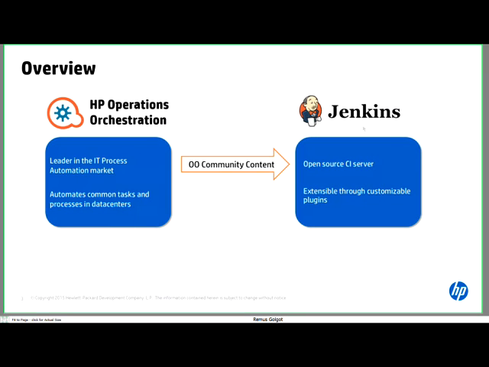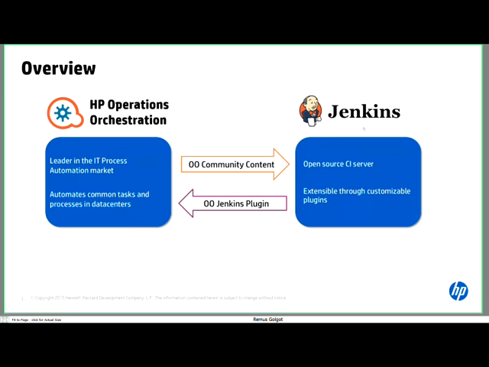So we already have this integration capability from OO to Jenkins, and the Operations Orchestration Jenkins plugin is the tool that integrates the other way around, which means that through Jenkins you are able to invoke operational orchestration flows using this plugin.